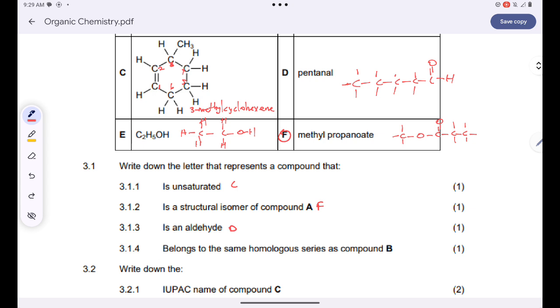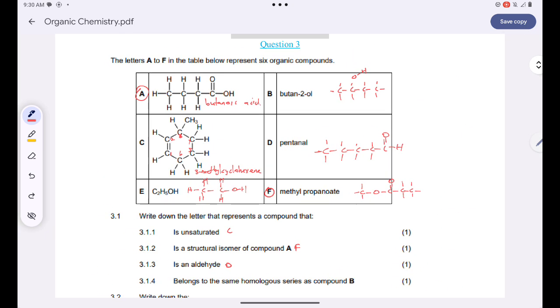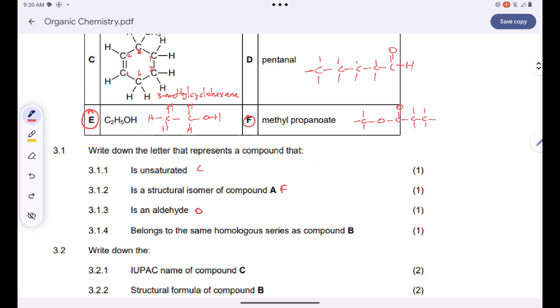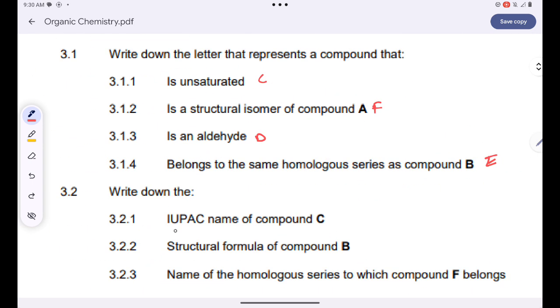And then 3.1.4, a compound that belongs to the same homologous series as B. B is an alcohol, right? This is another alcohol, that's compound E. Okay, write down the IUPAC name of compound C. We just said this would be 3-methylcyclohexene, because it's a cyclic hydrocarbon.